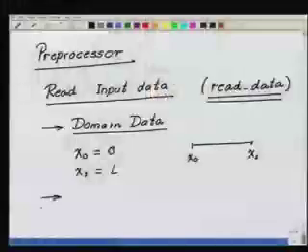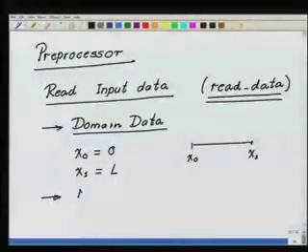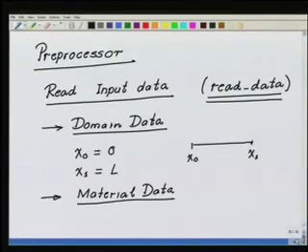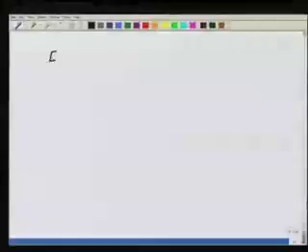Then we would like to input the material data. So how would your material data be read? In the material data, what are the things we have to input? So we have to input the values of E1.